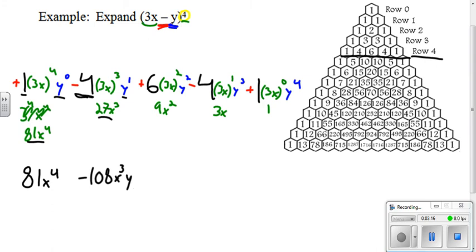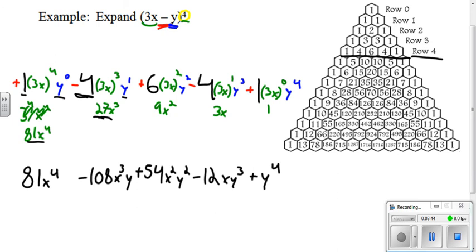And that was negative 4 times 27, got this coefficient here. Going on to our next one, 6 and 9, positive this time. So it's going to be positive 54 x squared y squared. This one is going to be negative 12 x y squared. And this one is going to be just positive y to the 4th.